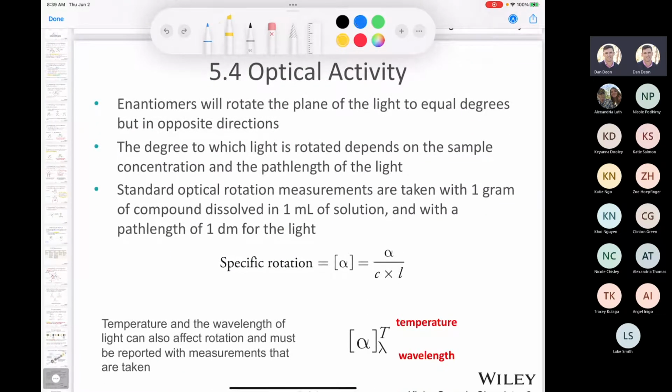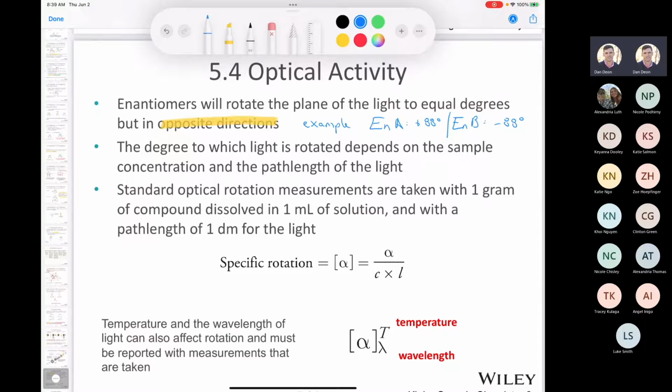Enantiomers are going to rotate the plane of light to equal degrees, but in opposite directions. So let's just say, for example, you have enantiomer A and it rotates plane polarized light at positive 88 degrees. That means that enantiomer B is going to rotate plane polarized light at negative 88 degrees. And these are just numbers I'm pulling out of a hat.